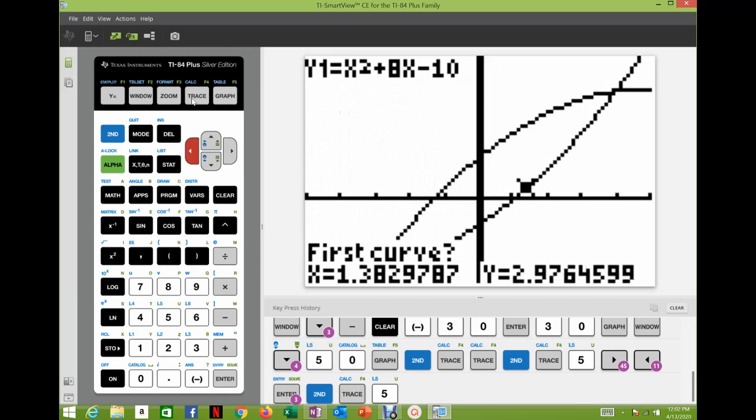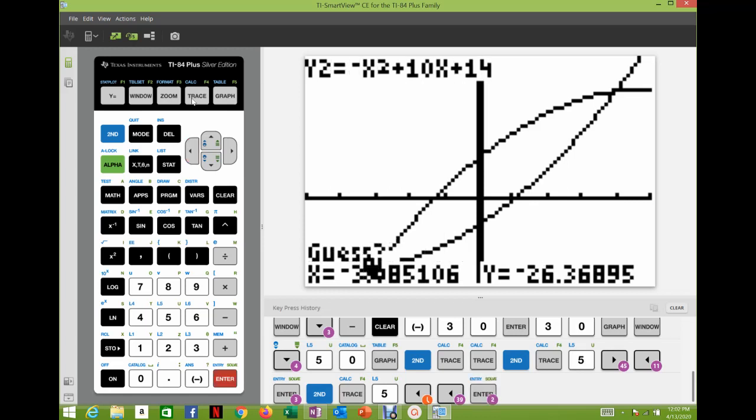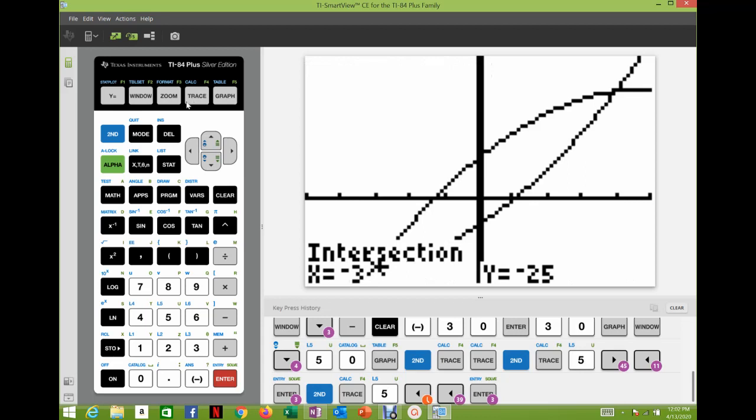Now looking at the other one. -3. So -3 and +4 are the intersections.